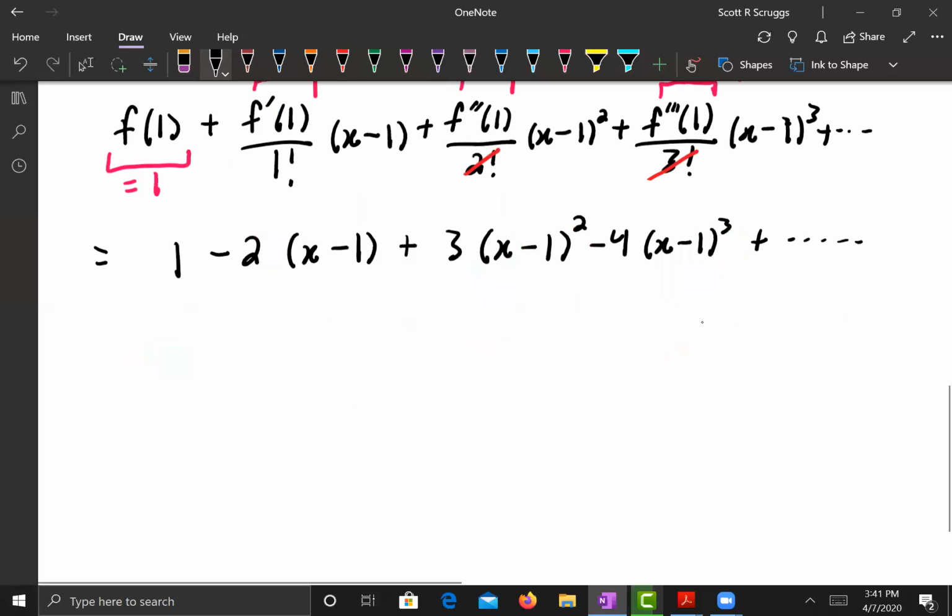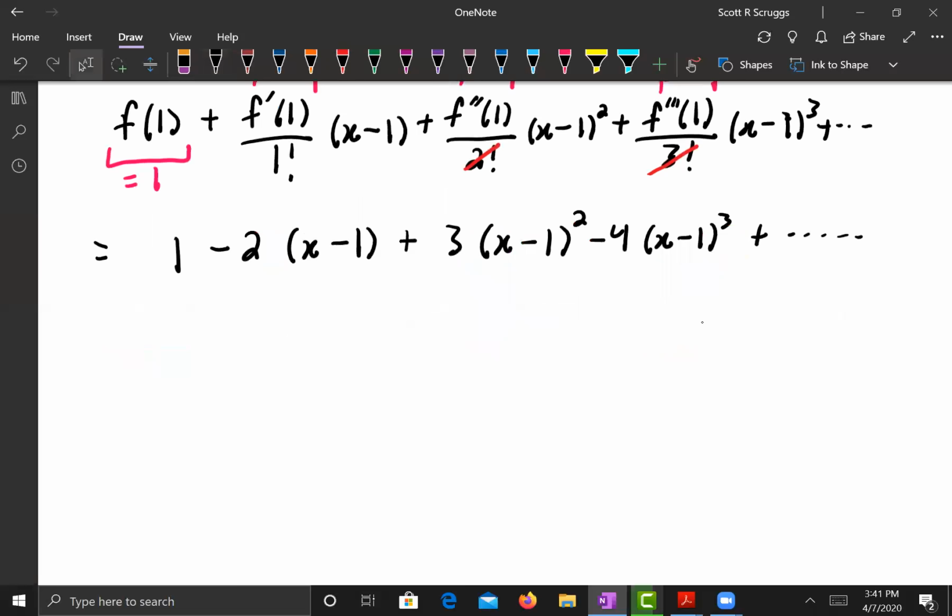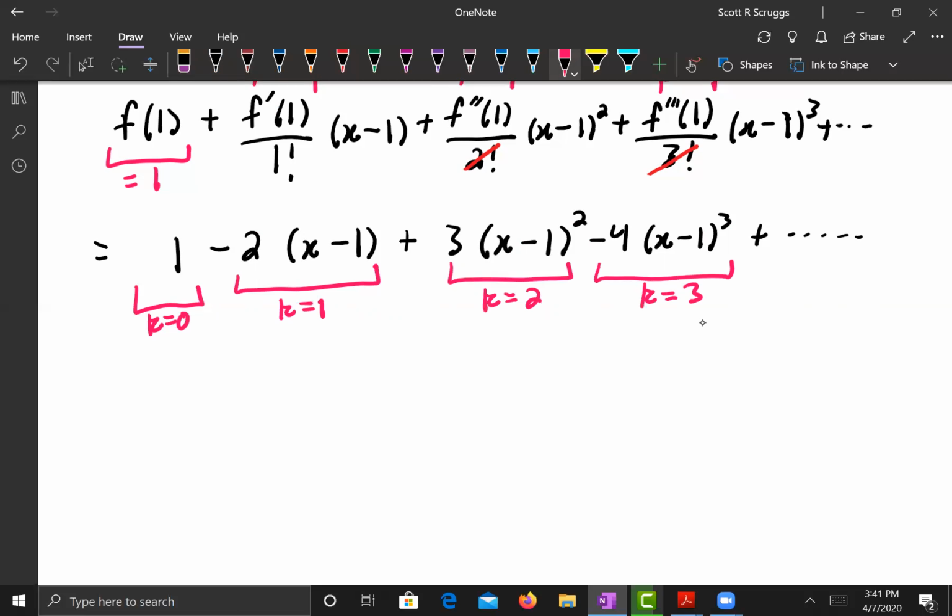And we're going to try to write this into a series form. So one thing that helps me to write it out in series form is that I'm going to list out what each term should be in the series.